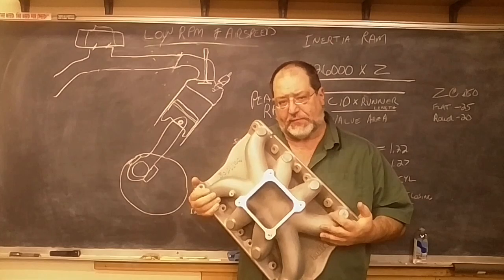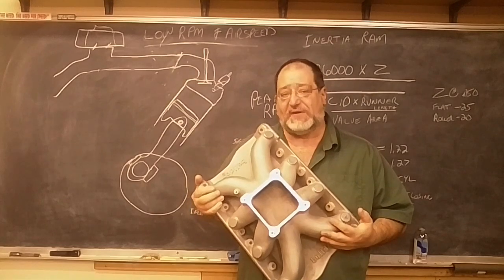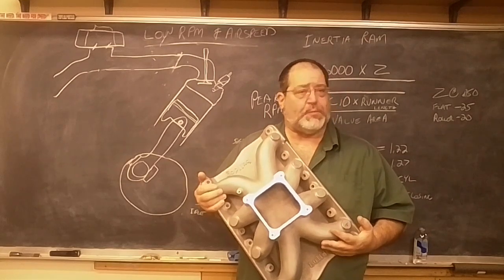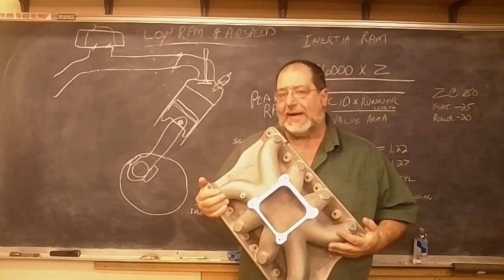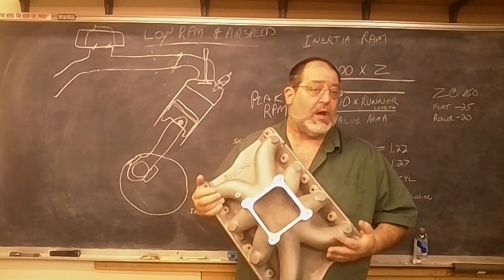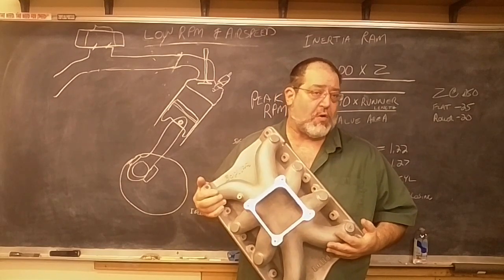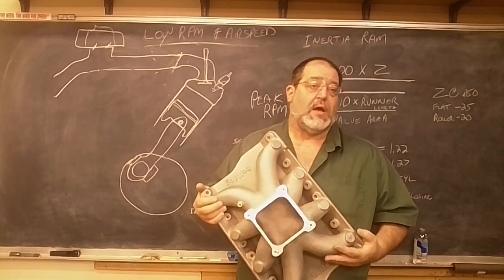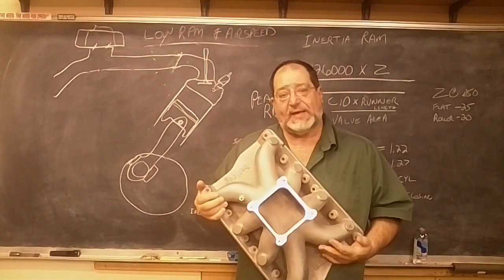In this case, this flows 360 CFM, just the intake. And so if you put it on a head, like a stock iron head, that only flows about 300 CFM, you're going to have some problems at the low RPM because the airspeed through the intake isn't very good. And so that really gives you trouble.